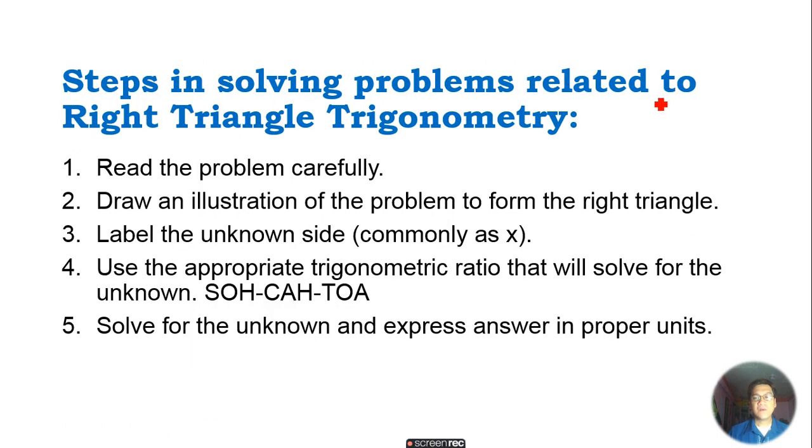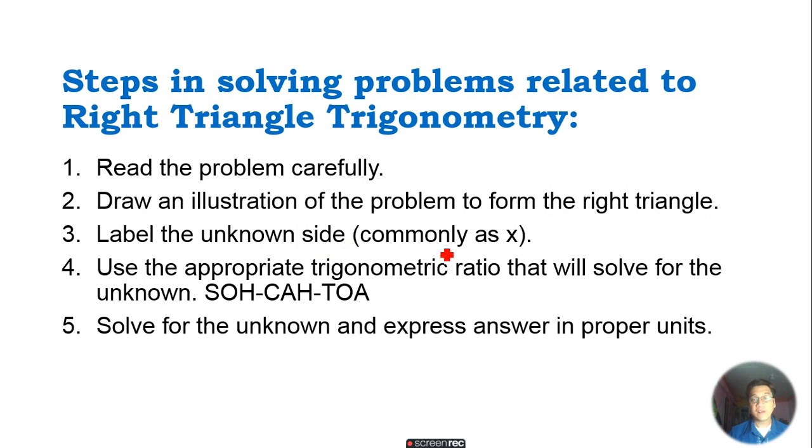We're going to apply the angle of elevation and the angle of depression as we solve problems related to right triangle trigonometry. But before that, these are the different steps in solving problems related to right triangle trigonometry. Number 1, read the problem carefully. Number 2, draw an illustration of the problem to form the right triangle. Number 3, label the unknown side.